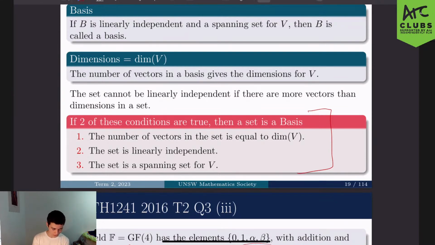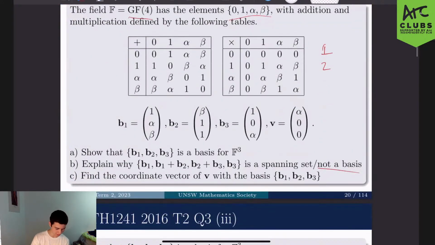So we're going to look very hard at the number of vectors in the set is equal to the dimension, okay? We're going to just keep that in our mind, and we're going to look at how many vectors are in this set. We got 1, we got 2, we got 3, and we got 4, okay? 4 vectors, the dimension is 3, can't be a basis, yeah?